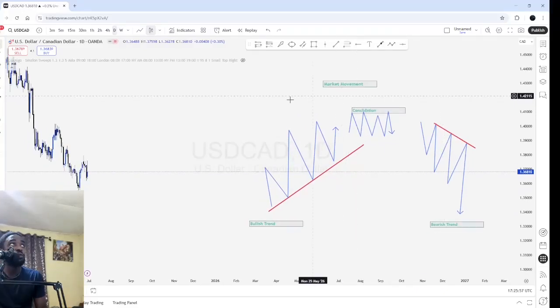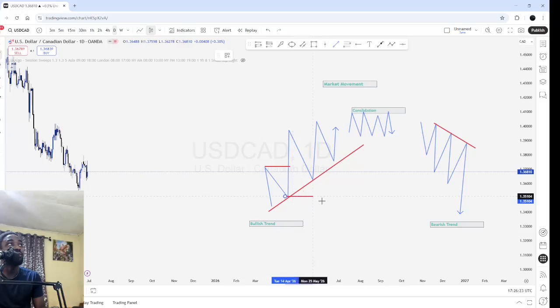So first of all, how do you know that this is a bullish trend? If you pay much attention, you see that the movement from here to here goes faster, and when it comes down here, it doesn't break this level.